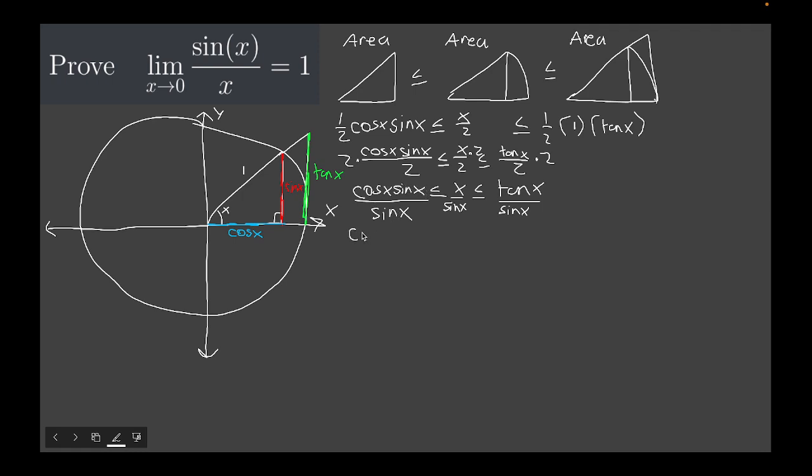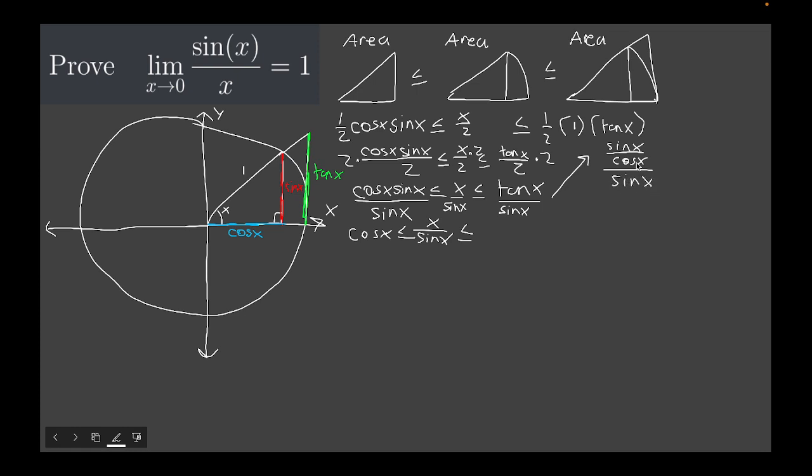You're just left with cosine of x is less than or equal to x over sine of x, just less than or equal to. Now tangent of x, let me just simplify this. So tangent of x is just sine of x divided by cosine of x, and this whole thing is just divided by sine of x.